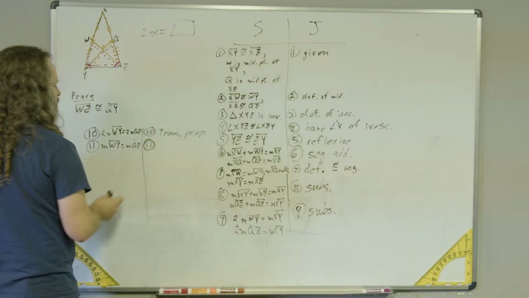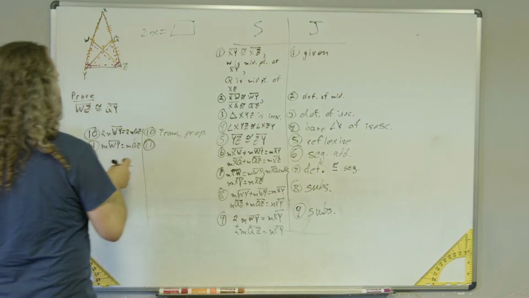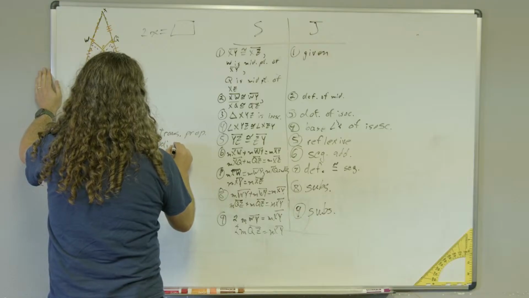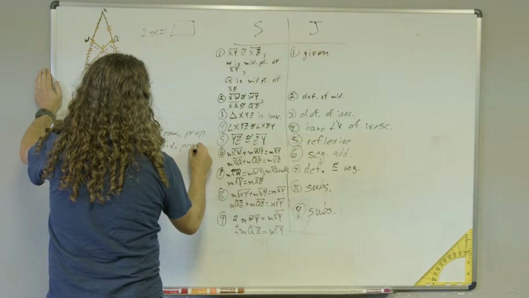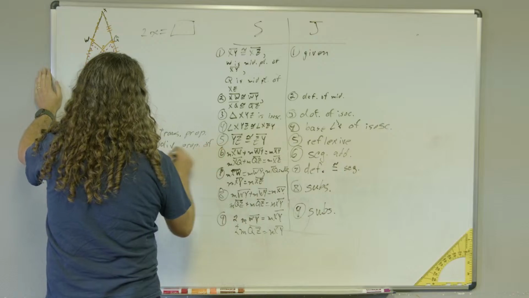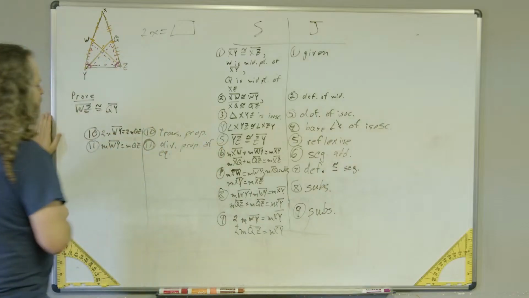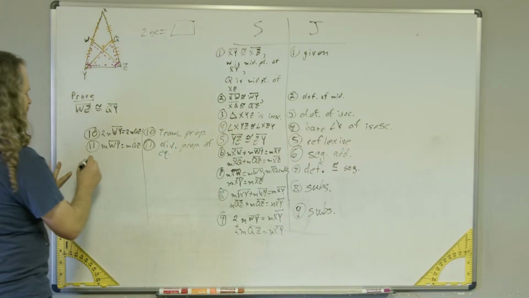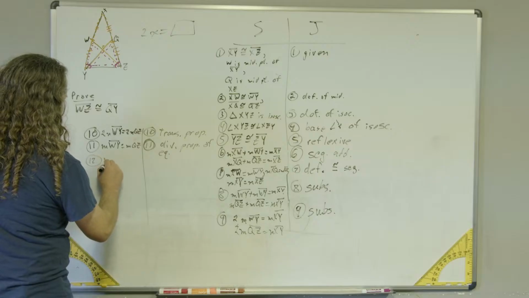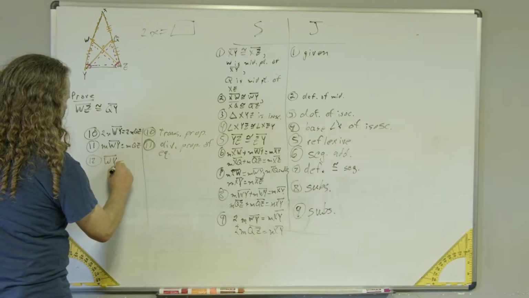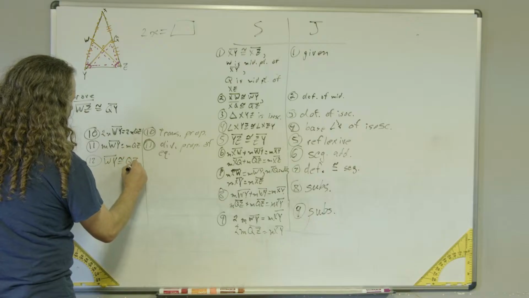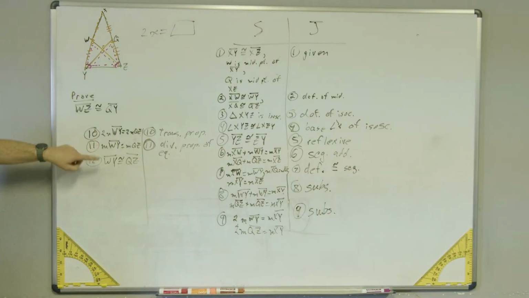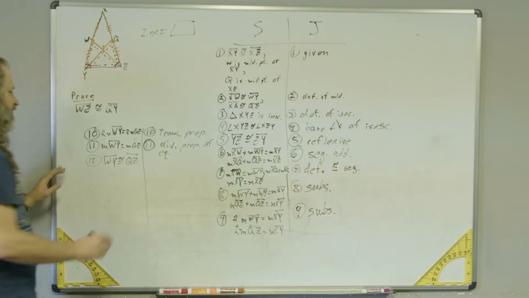You can call it substitution, you can call it division property of equality, whatever. So WY now equals QZ. Their measures are equal, which means that WY is congruent to QZ. How did we turn the measure into the congruent? We used that before. What property is that? Or definition or whatever else? Definition of congruent segments. That's true.